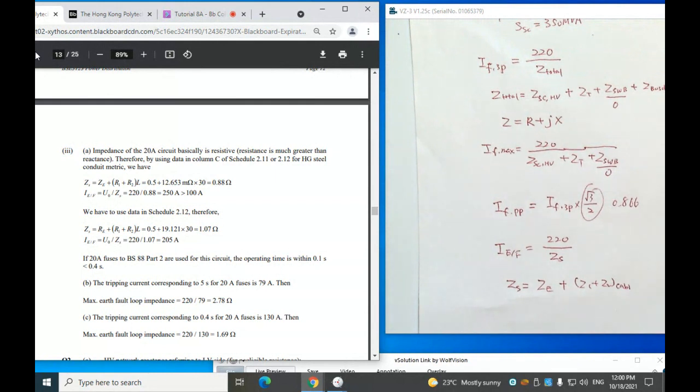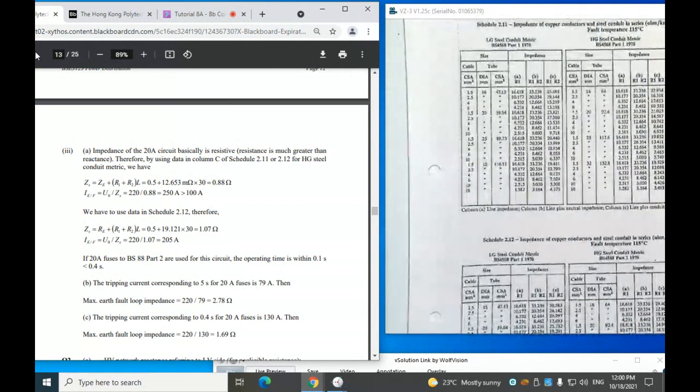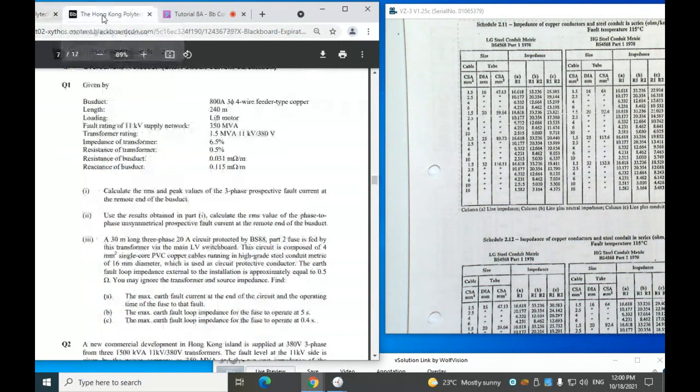The solutions actually give you two results. First of all, we use 2.11 and find the impedance.